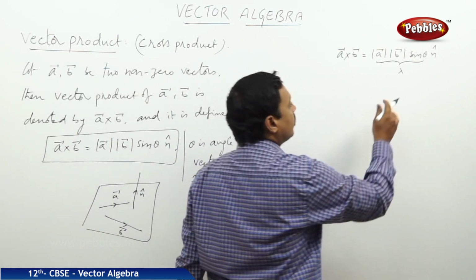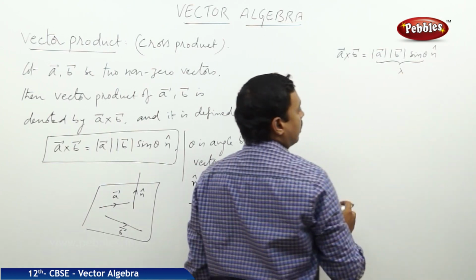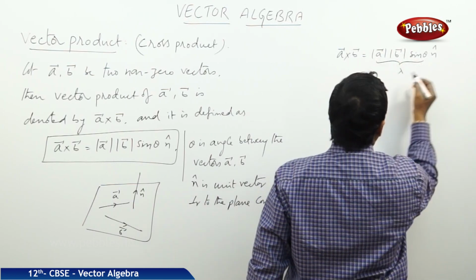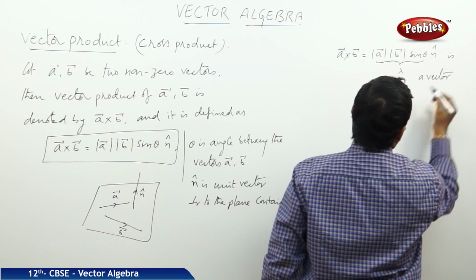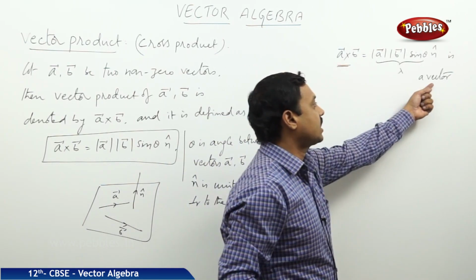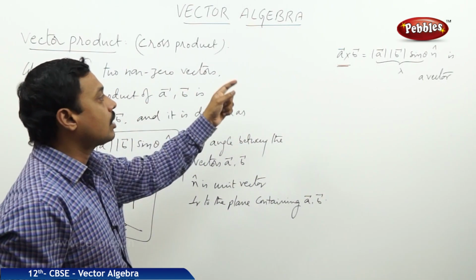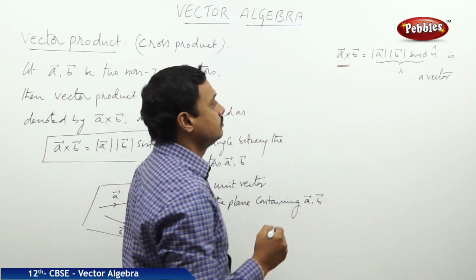So lambda into n cap, a multiplication of a vector with a scalar, is also a vector. So finally this entire product is a vector. Therefore, A cross B, the product of two vectors, is a vector quantity, hence A cross B is a vector product or cross product of the given two vectors A bar and B bar.